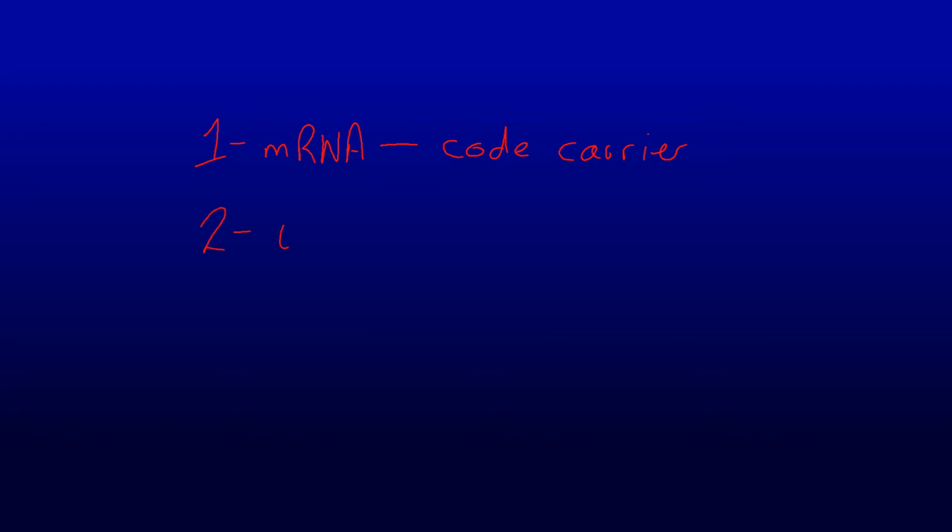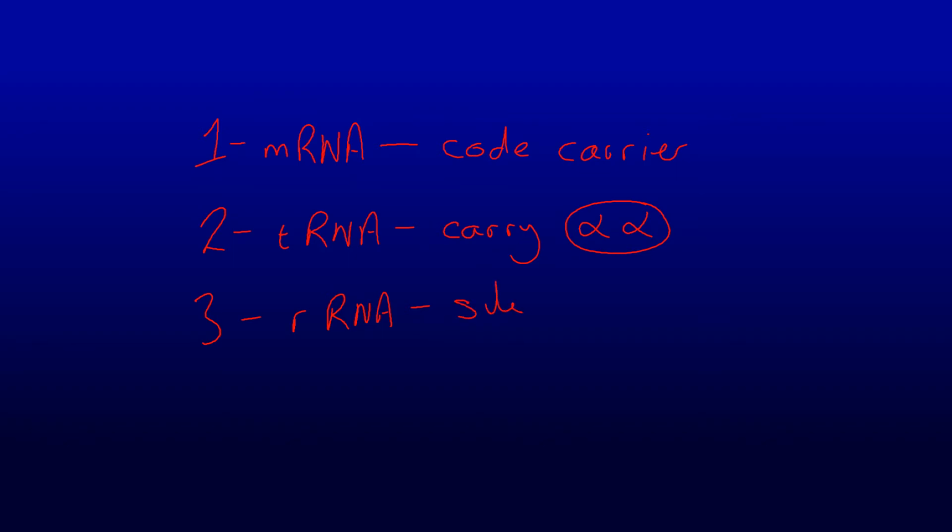Alright, our second player then is tRNA. tRNA, its major job is to carry amino acids. It's our amino acid carrier. And then our third player is our ribosomal RNA. And our ribosomal RNA, its job is the site of protein synthesis.